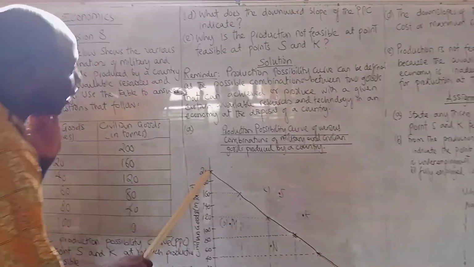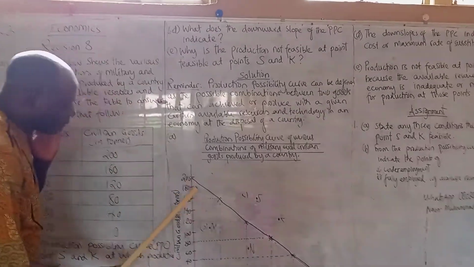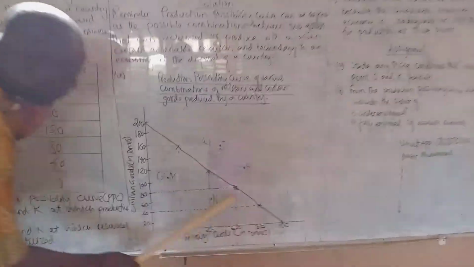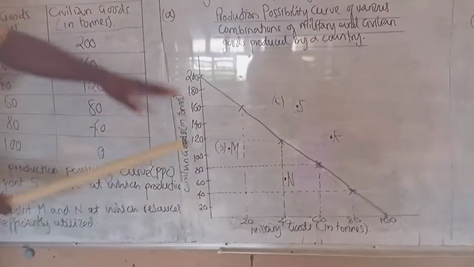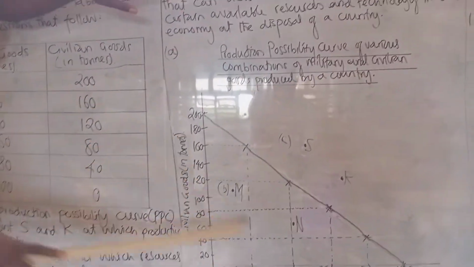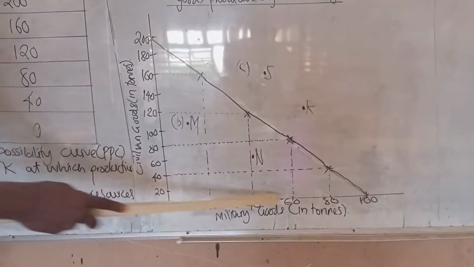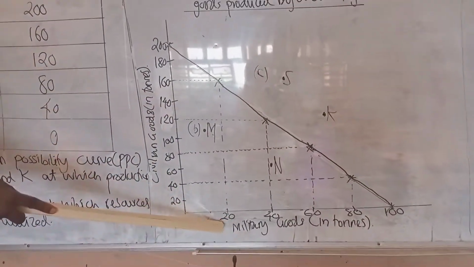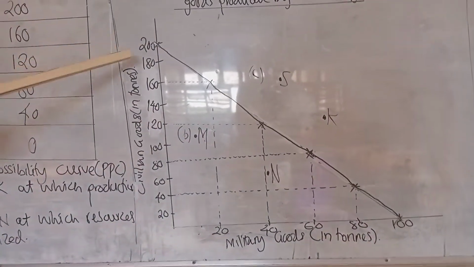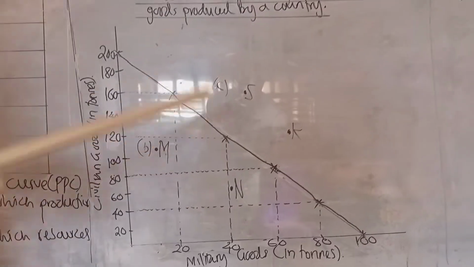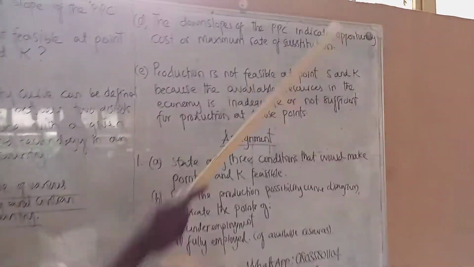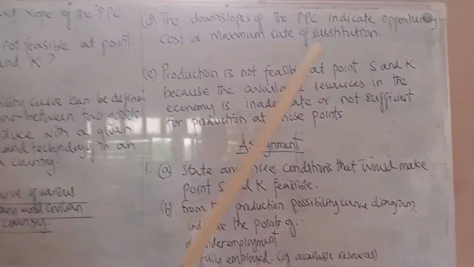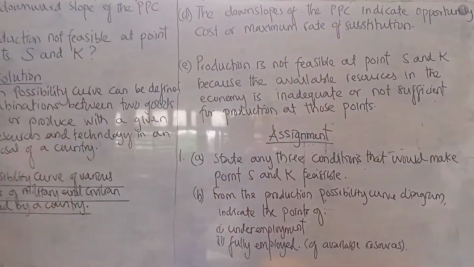Also here, as civilian goods increase, military goods decrease at the expense of civilian goods. So you have a marginal rate of substitution. The downward slope of the PPC indicates opportunity cost or marginal rate of substitution.